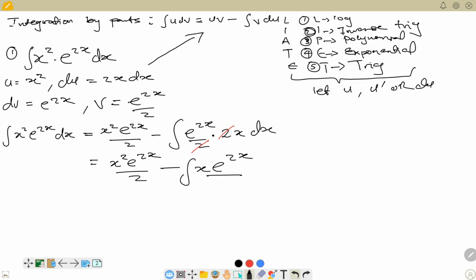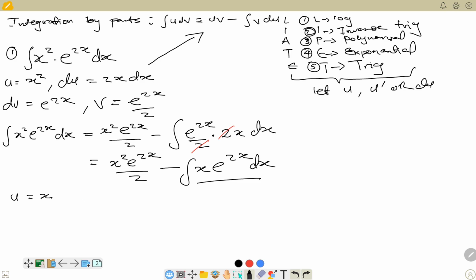There is no over 2 now because the 2's have cancelled. But still, here we have integration by parts again. So this time we repeat the same pattern. We do not have x squared anymore. Now we only have x.